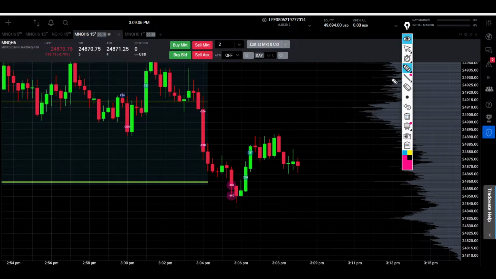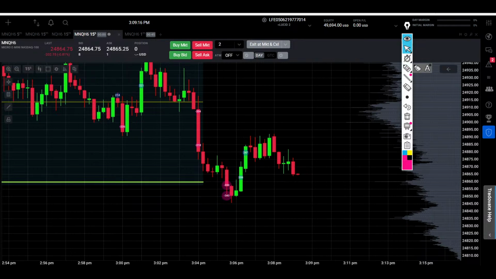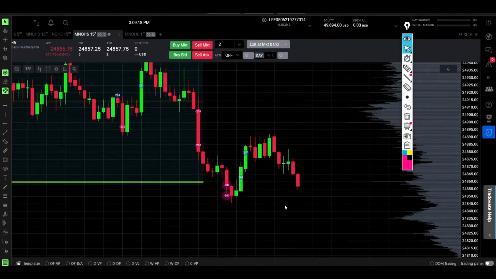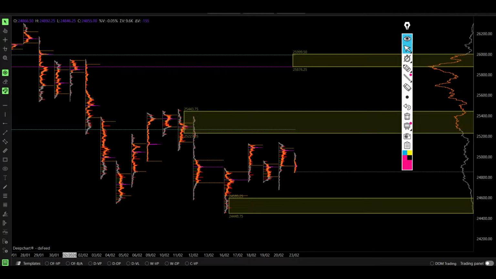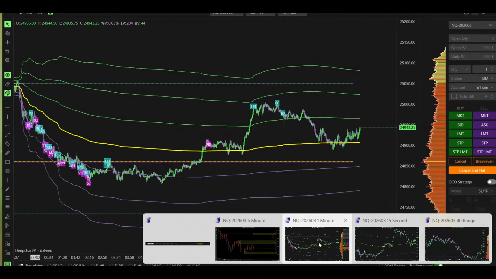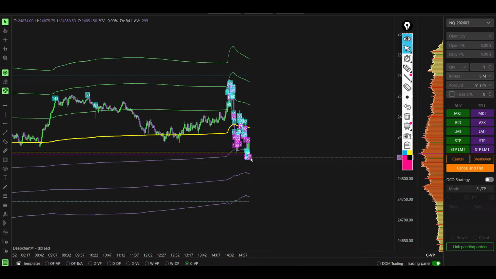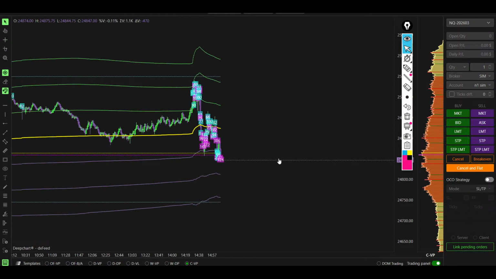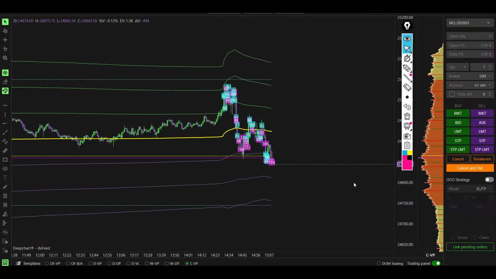Connection lost. Deep trades, connection lost. Deep charts, connection lost. Deep charts, what are deep charts doing? You see what deep charts are doing.